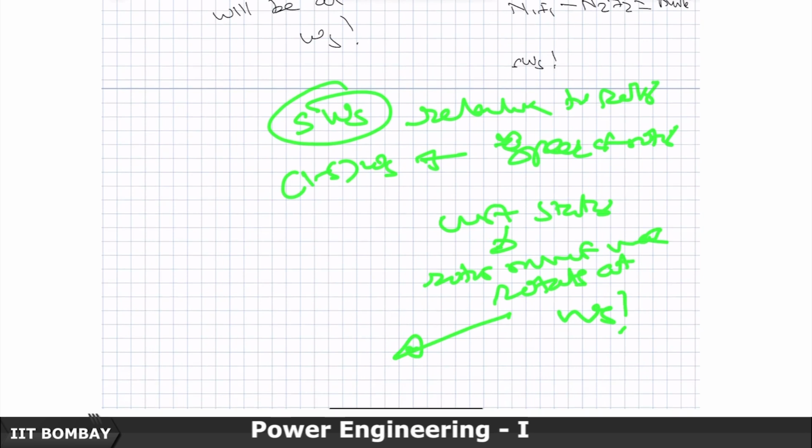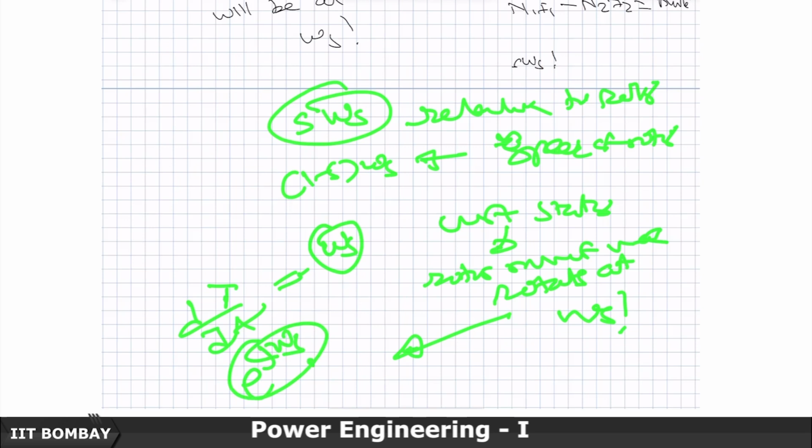So if it is rotating at omega s speed, when I look at d lambda by dt, what is the induced voltage that it creates in the stator winding? I still have to replace d by dt by j omega s, because the stator is seeing a relative velocity of omega s.